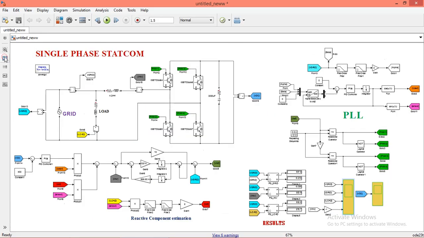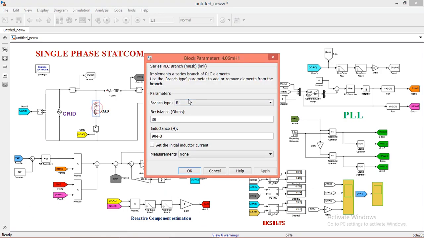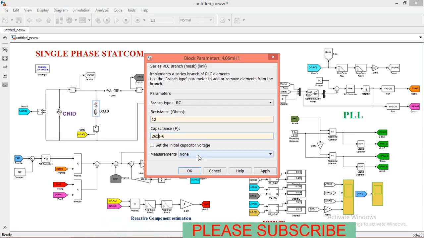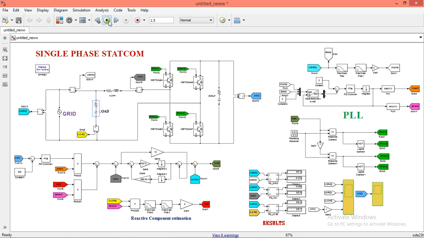Now we'll see for an RC load. What will happen for an RC load? Let's put a value of 12 ohm and capacitance of 265. Now run the simulation again.